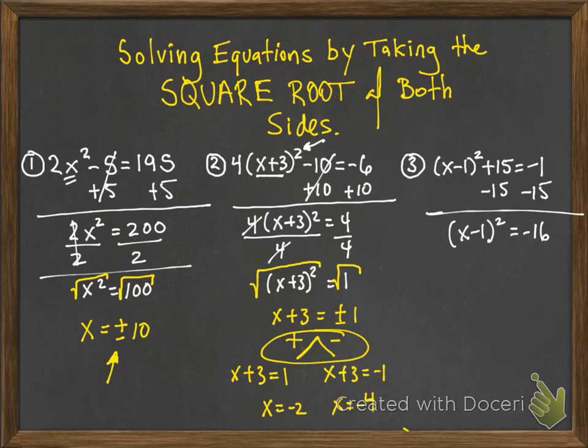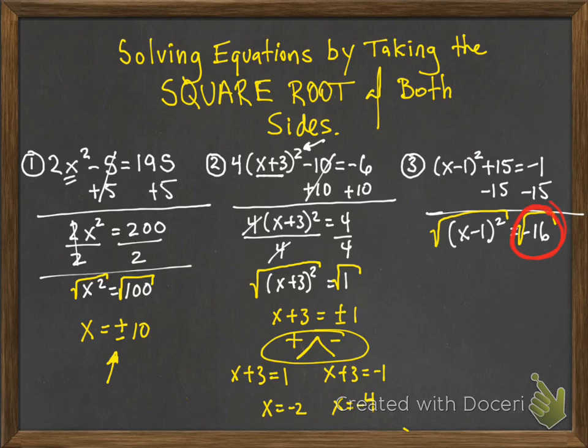Now, I want to take the square root of both sides, but we have a bad situation. We're trying to take the square root of a negative number, which means we're not going to have any real solutions.